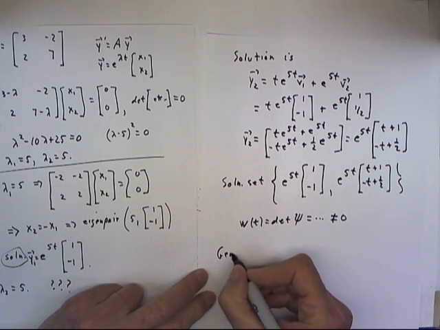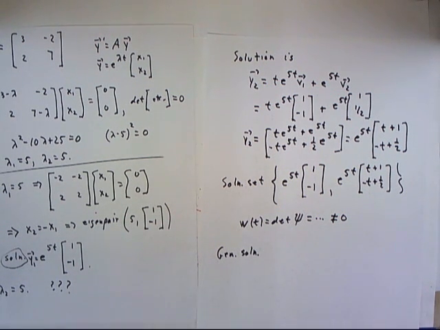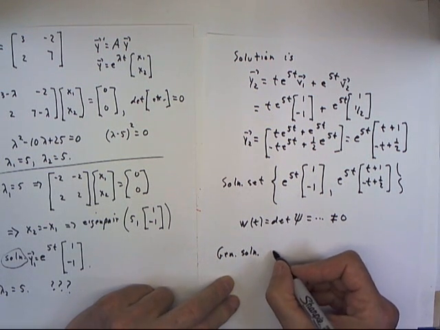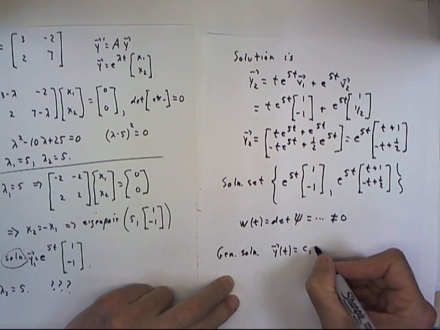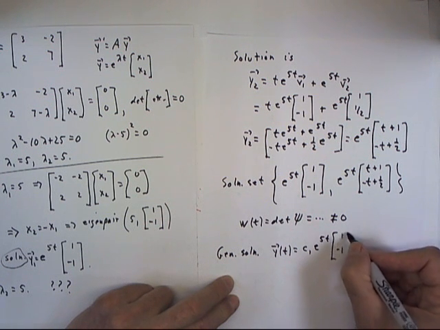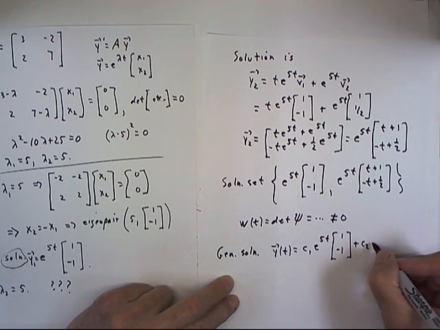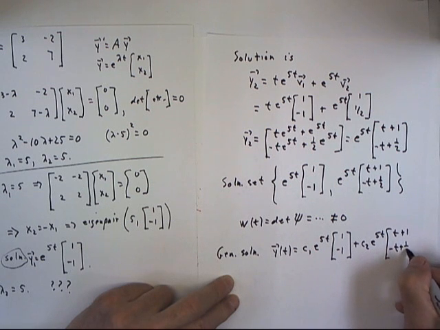The general solution to our original system, which you can also check, and it's possible that I've got an error somewhere in these calculations, although I've been fairly careful. Our general solution is y of t equals c1 e^(5t) times (1, -1) plus c2 e^(5t) times (t + 1, -t + 1/2).